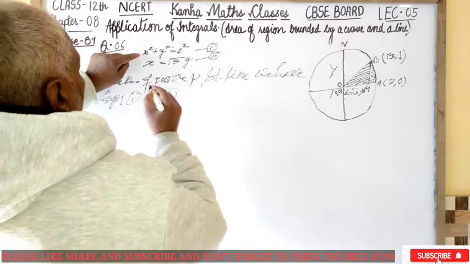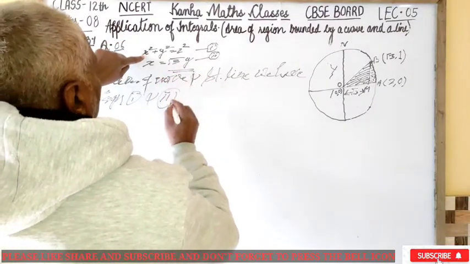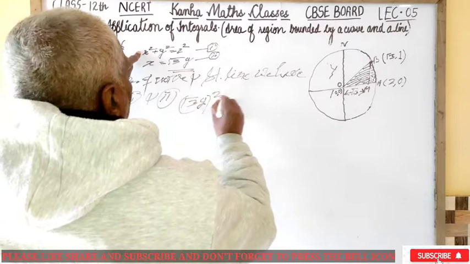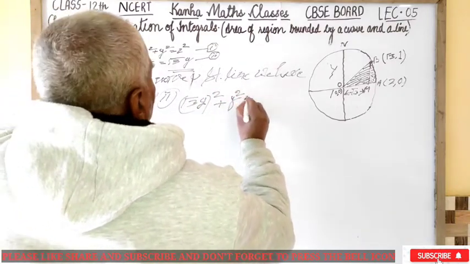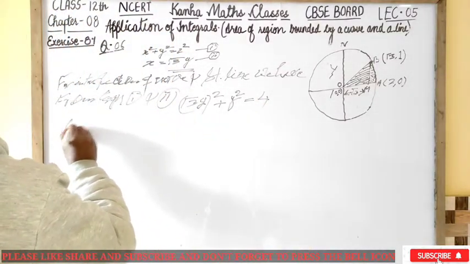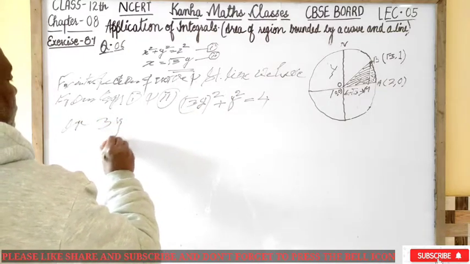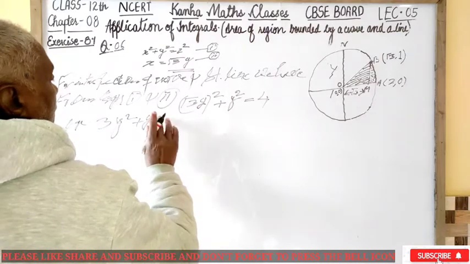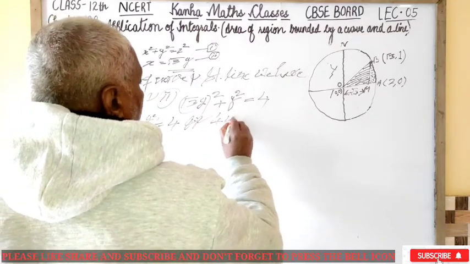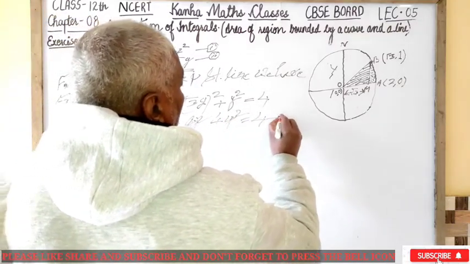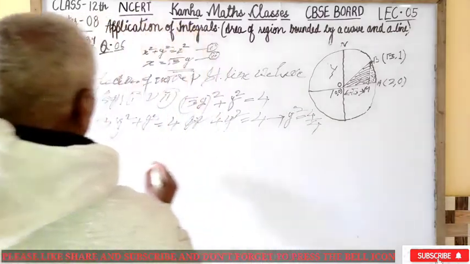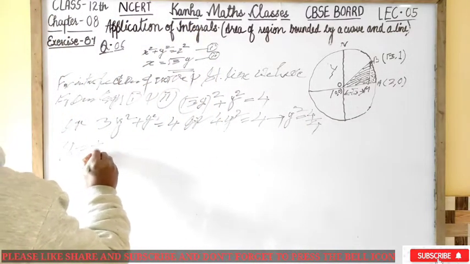here instead of x we will substitute root 3 y, that is root 3 y whole square plus y square is equal to 2 square, means 4, or 3y square plus y square is equal to 4, or 4y square is equal to 4, means y square is equal to 4 by 4, that is y is equal to plus minus 1.